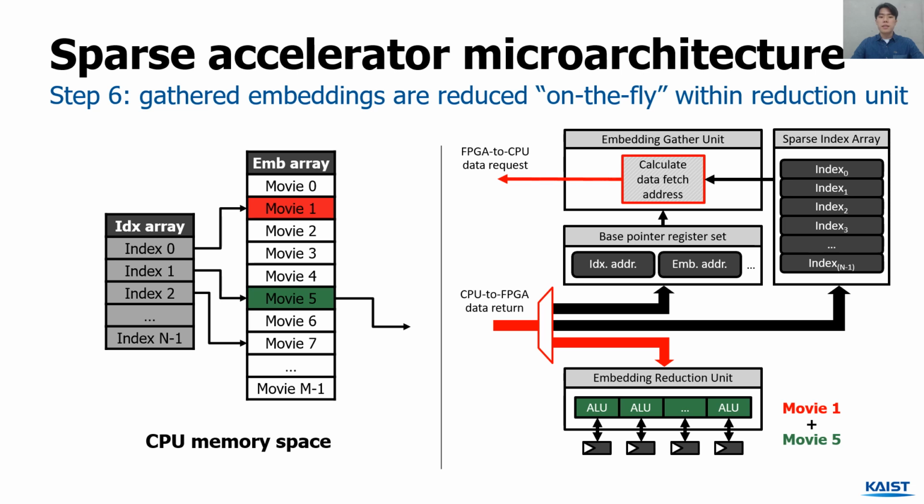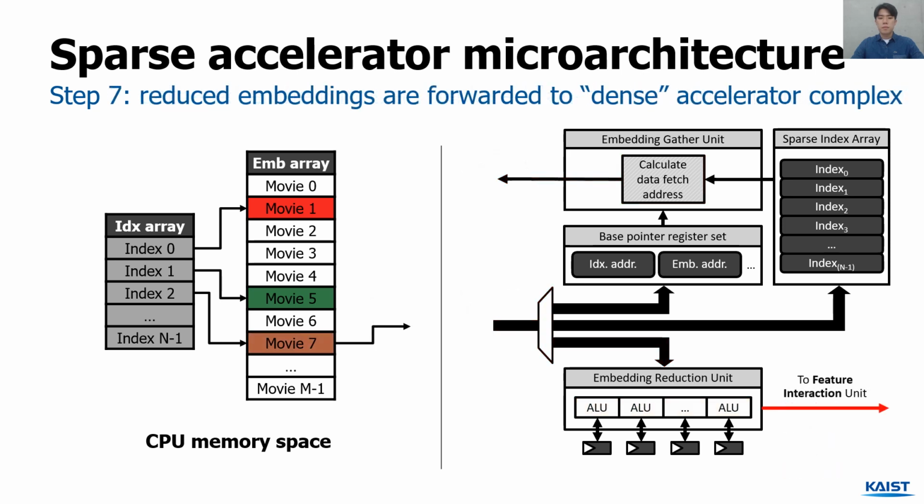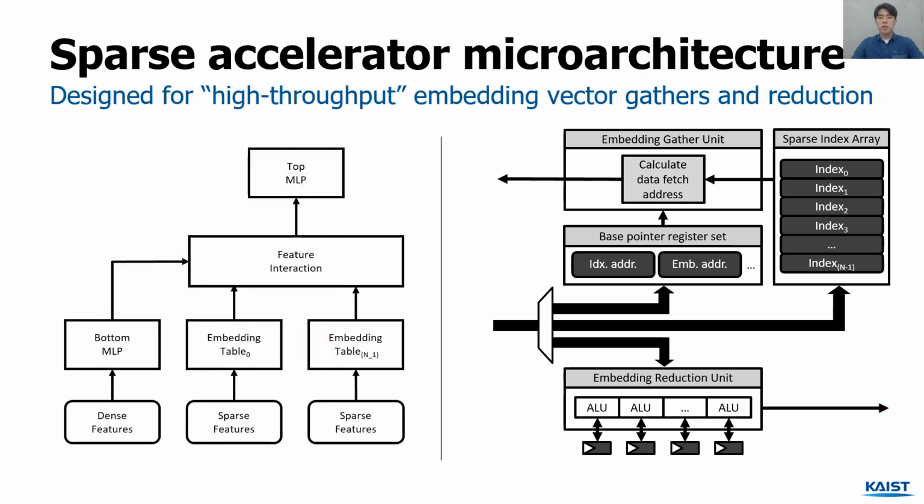As depicted in this slide, the gathered embeddings are reduced on the fly within the reduction unit. The final reduced embedding vector is forwarded to the dense accelerator complex for backend DLRM processing. Overall, we carefully designed the embedding gather units to aggressively prefetch the sparse indices such that embedding gather operations are constantly fired off to CPU memory to maximize throughput.